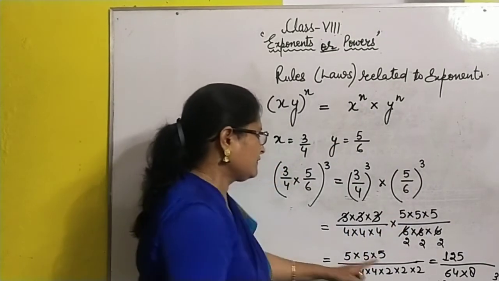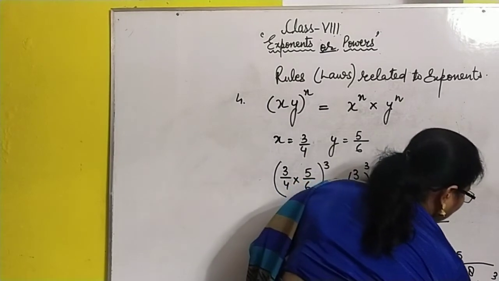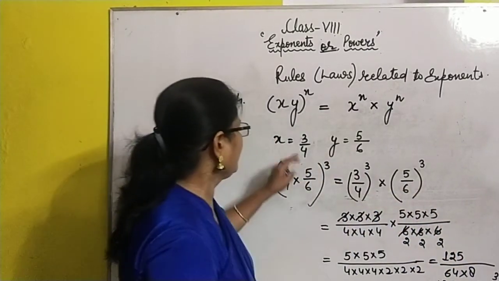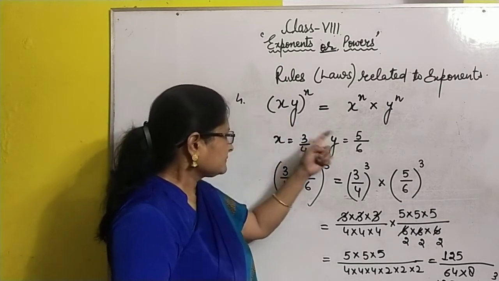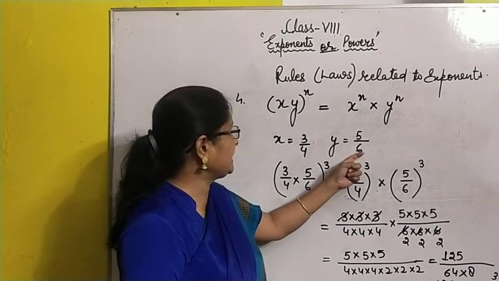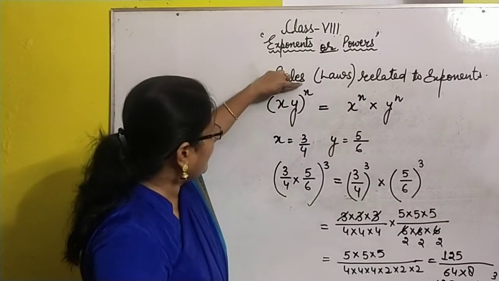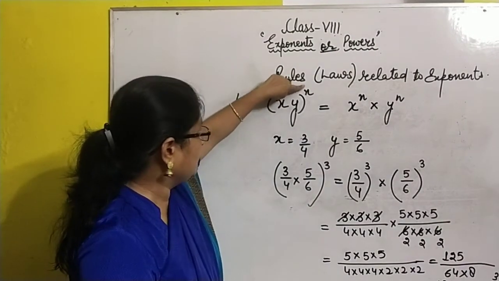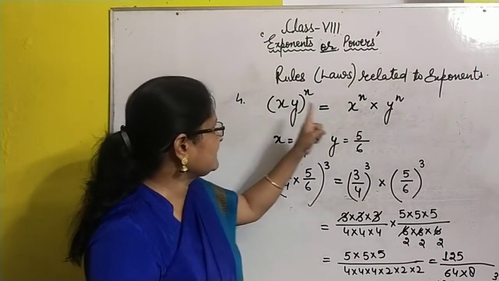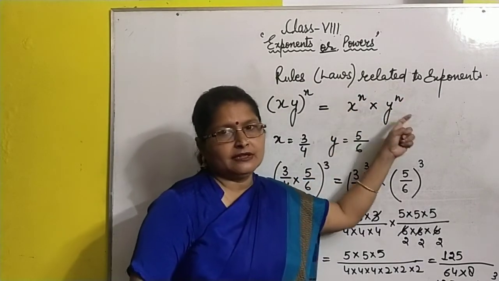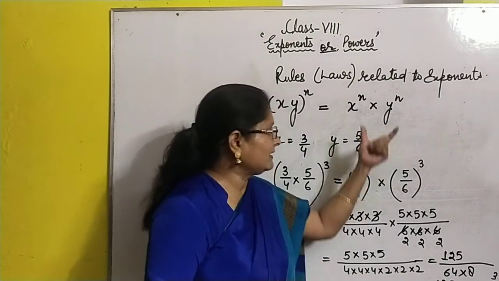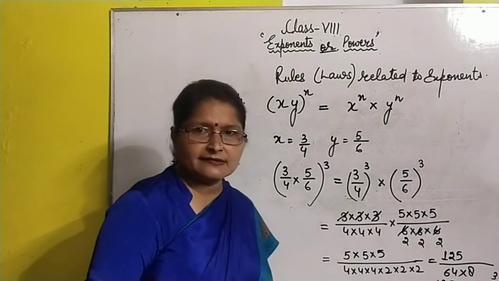Okay, so this will be the answer. Like that you can solve this question. I was telling you in this rule that if the bases are different from each other and the power is the same, then when you separate both the bases, the power will be the same with both the bases. Like that you will write and solve this question.